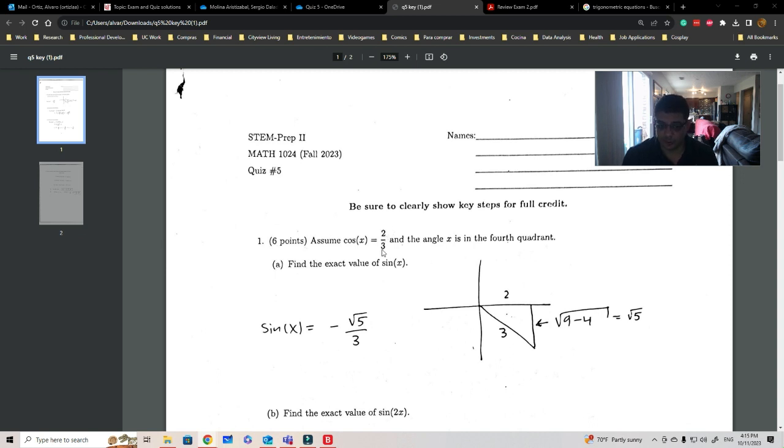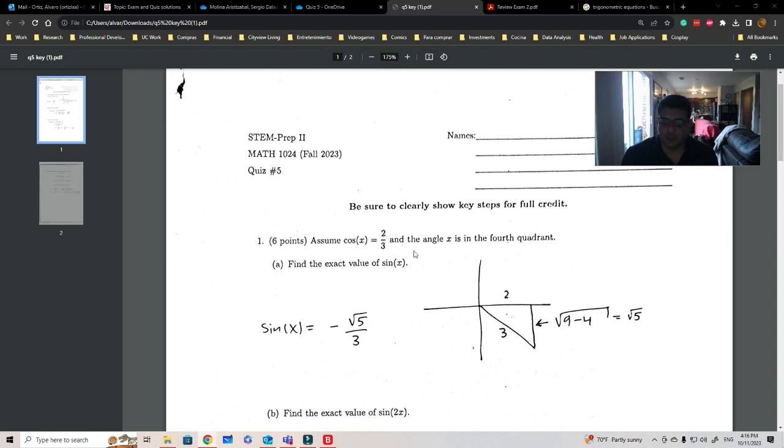equals 2 over 3, and we want to find out what the sine of x is, and some other values as well. So what you've got to remember is that they're giving us a specific value already for the cosine. We're not getting an angle. We're already given the value of the cosine, and they're telling us the cosine of the angle x is 2 over 3.